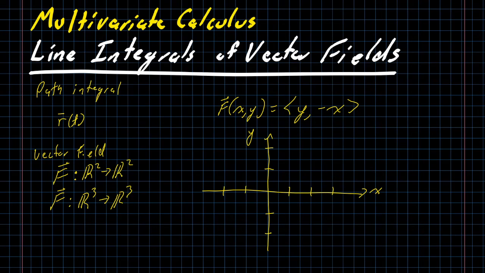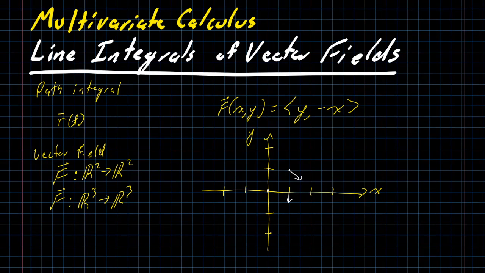At the point 0, 0, the vector is 0. At the point 1, 0, y is 0, x is 1, so we get 0, negative 1, which is going something like that. At the point 1, 1, we have 1, negative 1, which looks something like that.